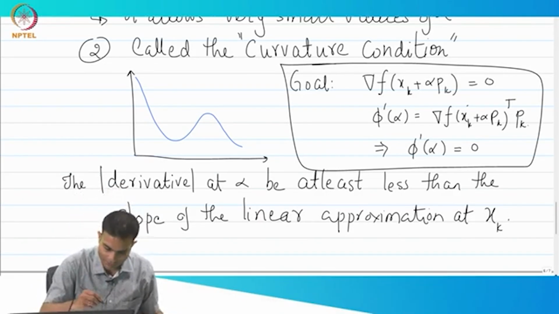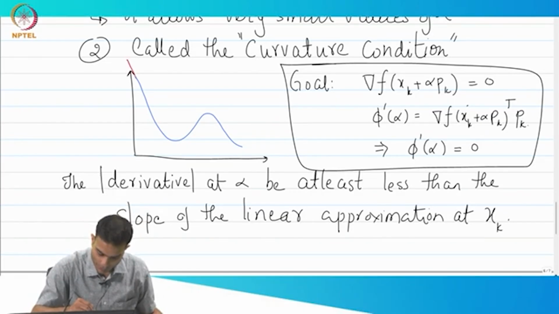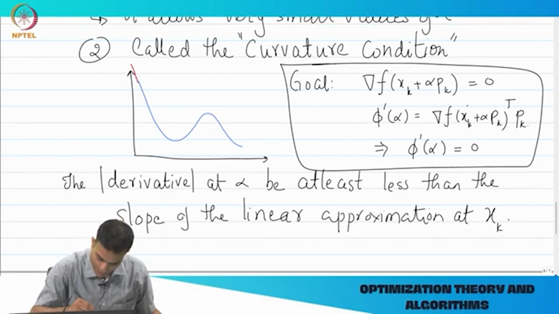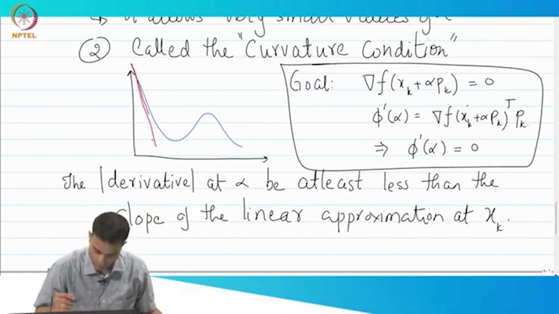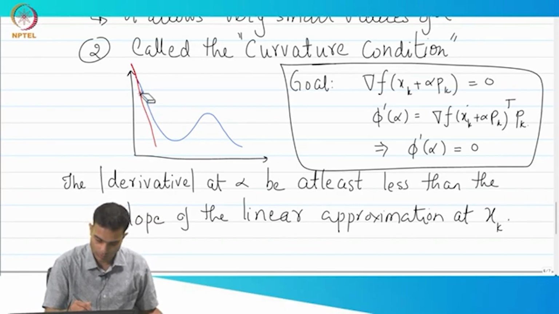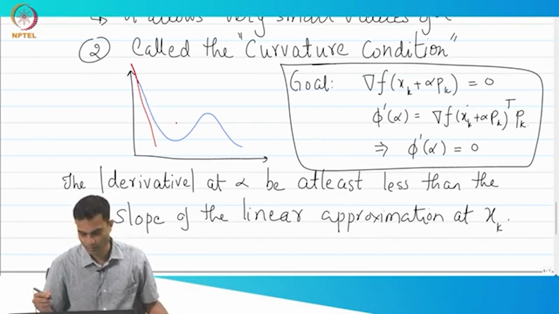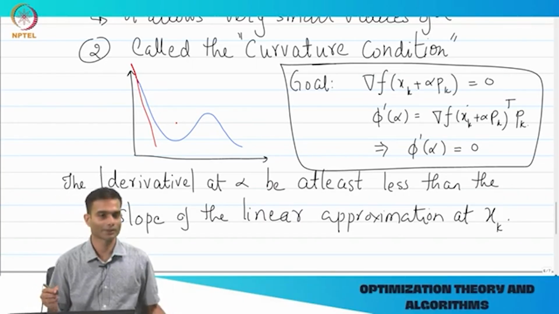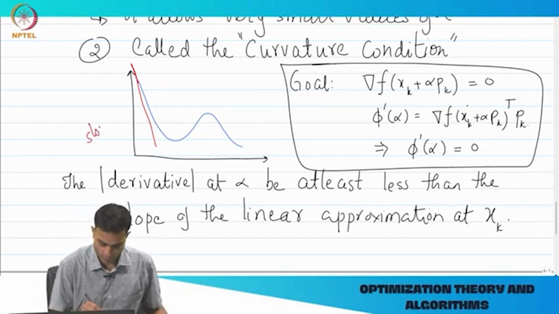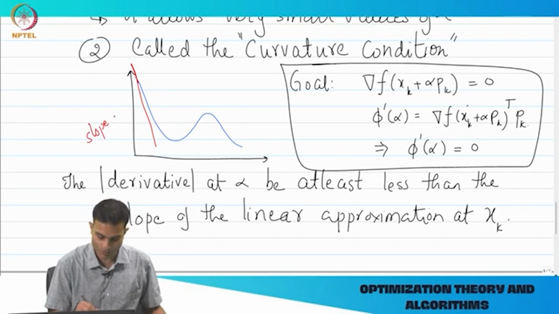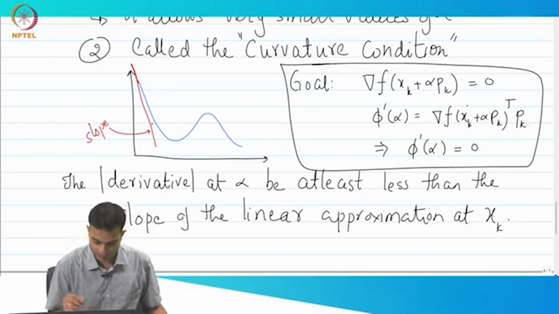So, let us draw a few graphs over here. Okay, this is supposed to be the slope of the linear approximation. So, this is the linear approximation and the slope is this.